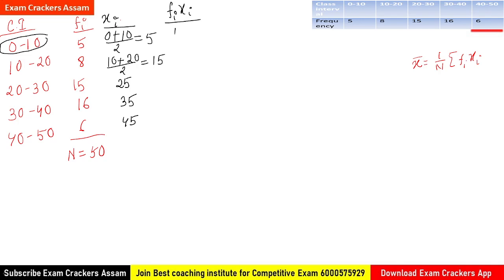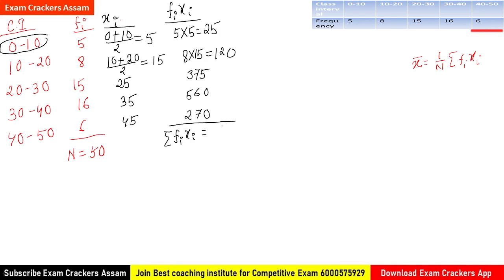So f1 into x1, that is 5 into 5, 25, then 8 into 15, 120, similarly 375, 560, then 270. Now if you add all these values you will get summation fi xi, which is your 1350.